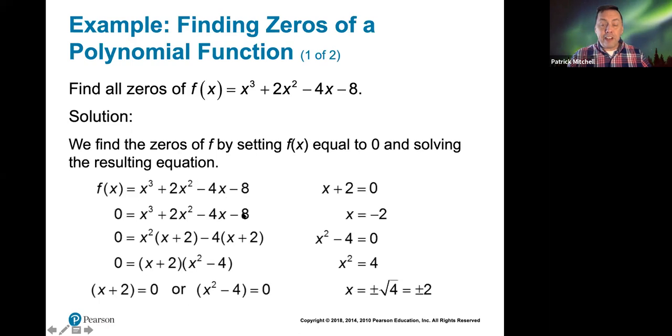I set the function equal to 0. So now I am going to factor this polynomial. And the way that you usually factor a 4-term polynomial is by grouping. So I'm going to look at the first 2 terms. I'm going to factor out x squared, which leaves me with x plus 2. And then over here, I'm going to factor out a -4, which also leaves me with x plus 2.